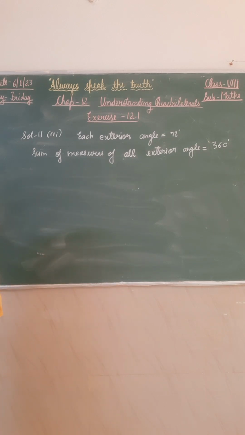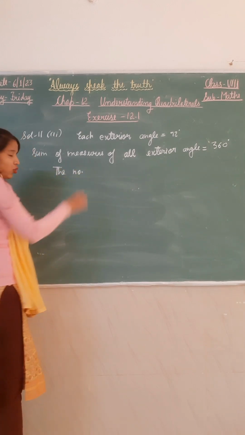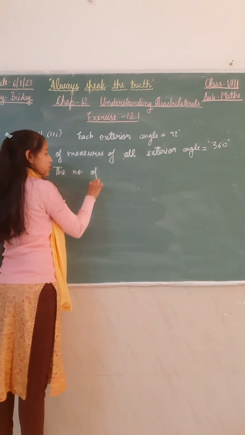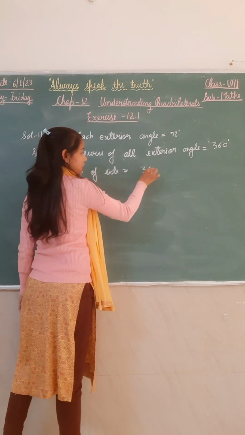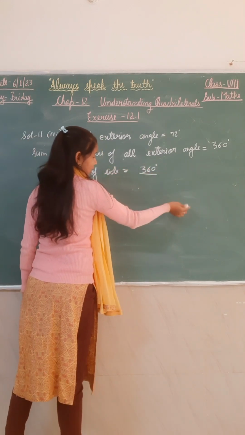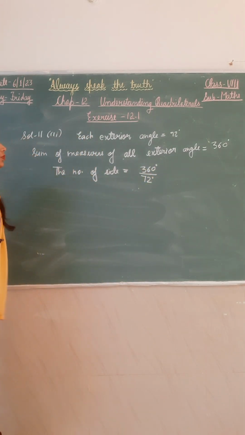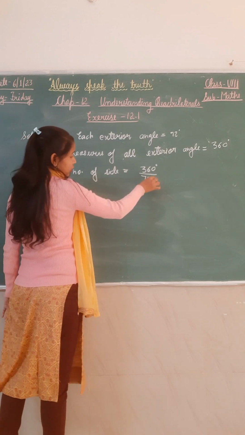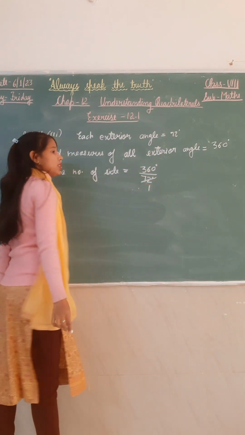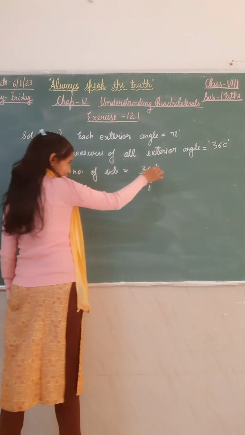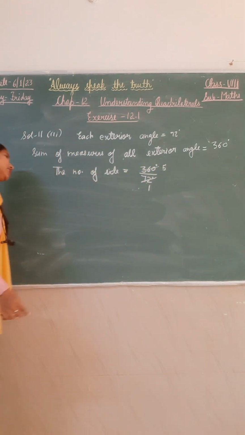So write down, number of sides is equal to 360 divided by each angle. So each angle is of 72 degrees. 72 ones are 72, 72 fives are 360.